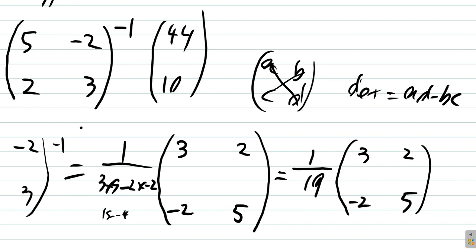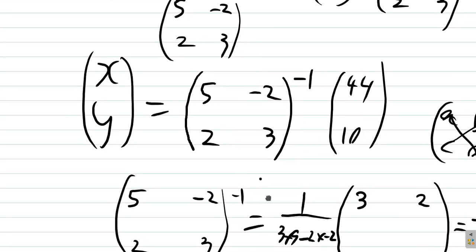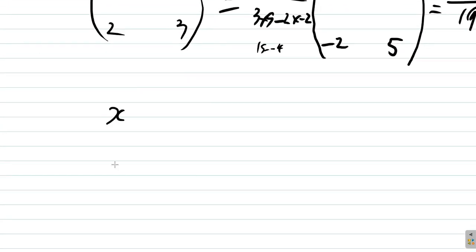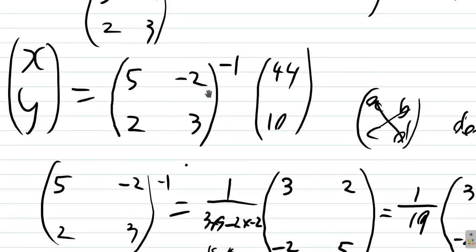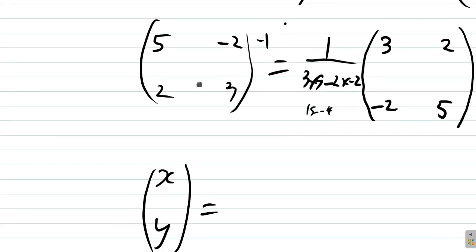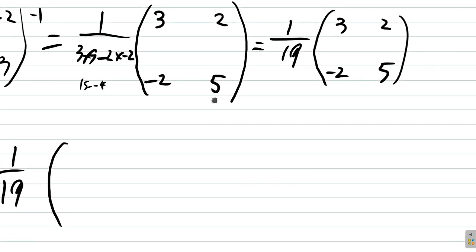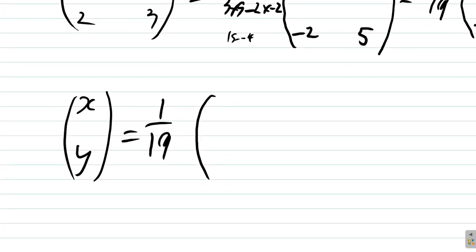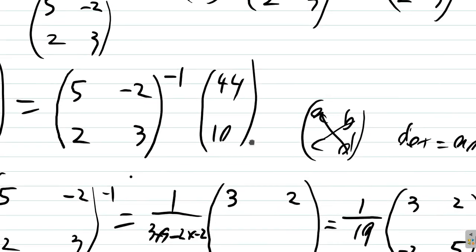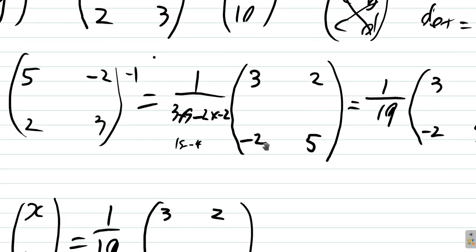That's the inverse. So therefore, x, y equals 1 over 19 times 3, 2, -2, 5 times 44, 10.